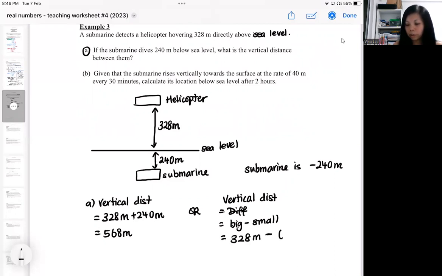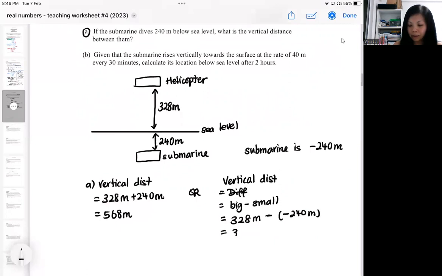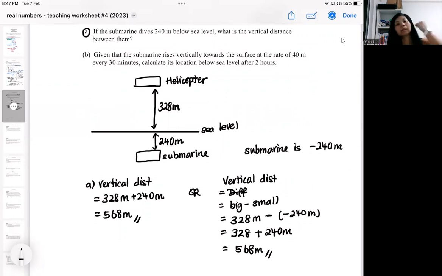The small will be the minus 240. Okay, eventually I still end up with the same answer. I got a double negative, I also add up with the same answer. So either way will be okay.